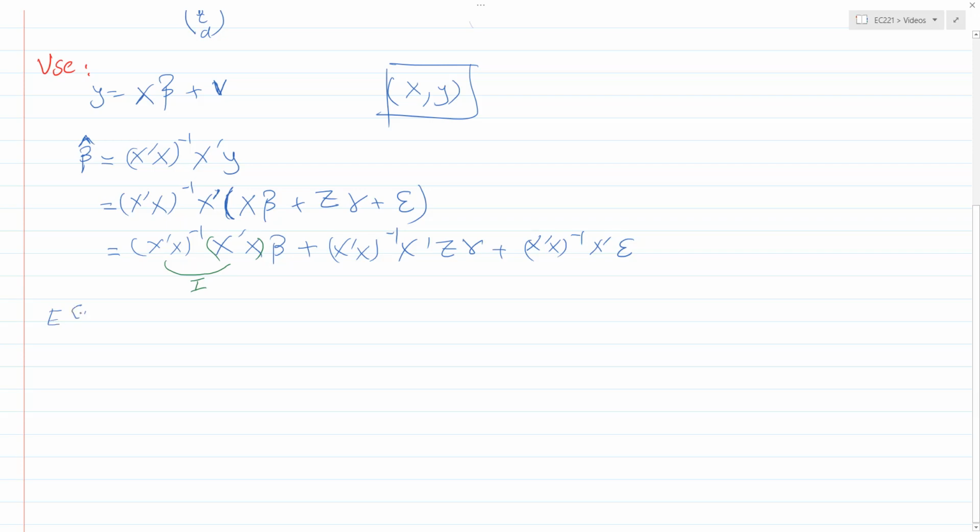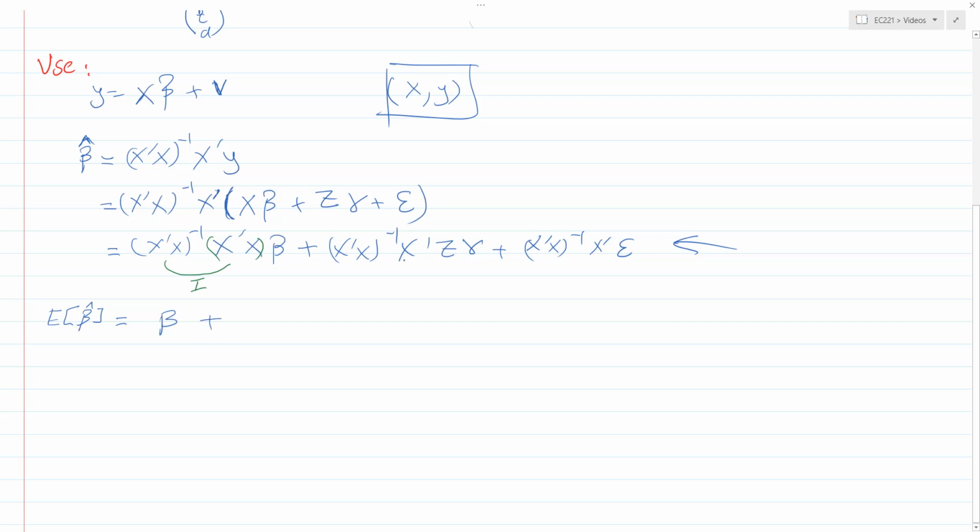Okay, so let's take the expectation of beta hat. Basically we're getting the expectation of this expression. We only have beta I here, and that's just a constant matrix, so we get beta only because that's just constant, plus, okay.